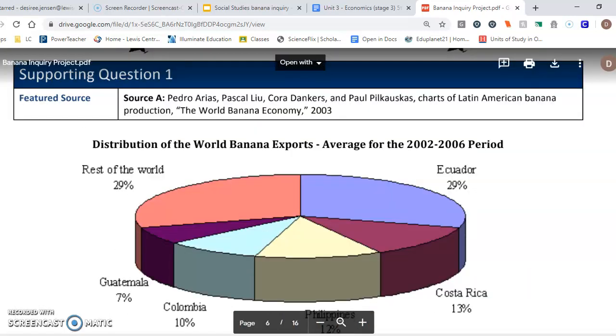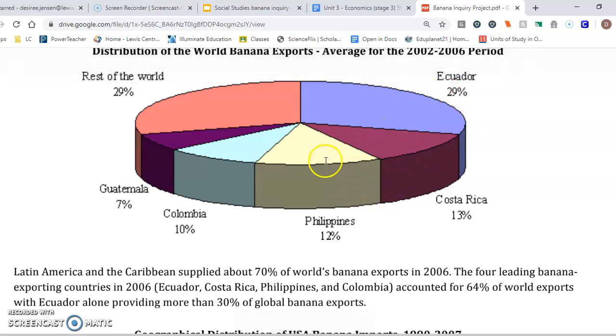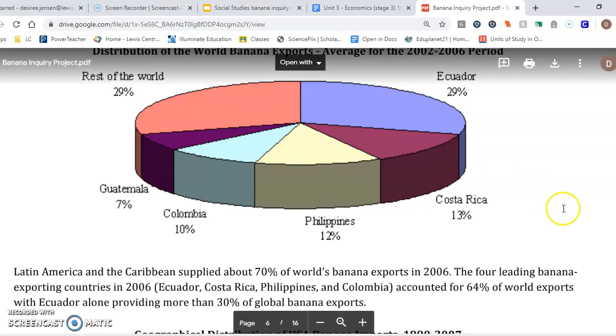This is the distribution of world banana exports, the average between 2002 and 2006. You can see around this pie chart, you have Ecuador, Costa Rica, Philippines, Colombia, Guatemala, and the rest of the world. So you can see how those are broken down.